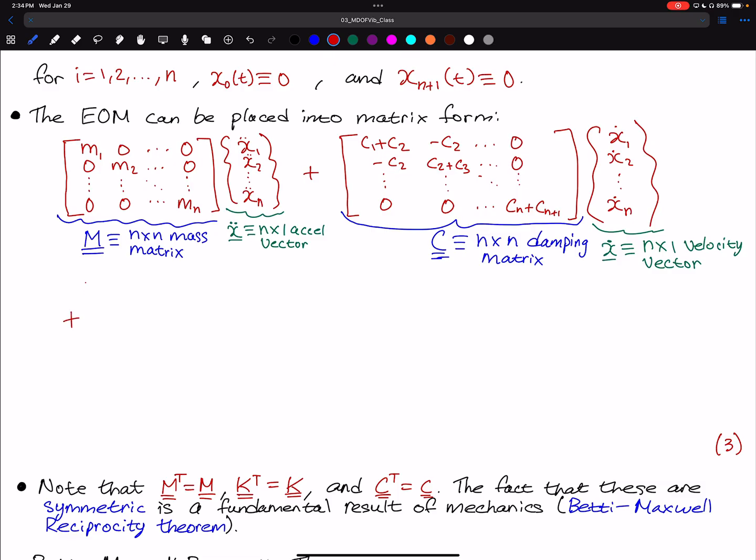And then we're going to have a stiffness matrix, which will be very similar to our damping matrix. In this case, it will be K1 plus K2, minus K2, minus K2, K2 plus K3, dot dot dot 0, dot dot dot 0. Zeros down here, zeros here.